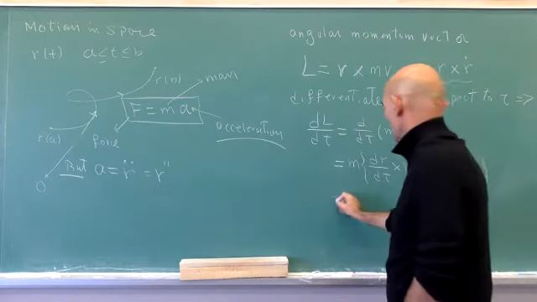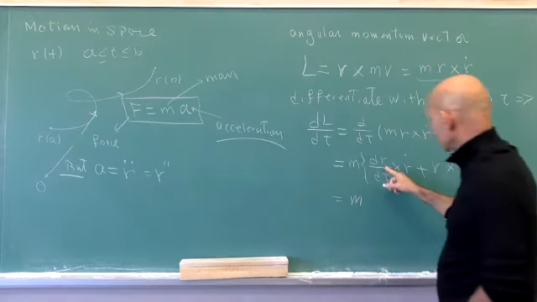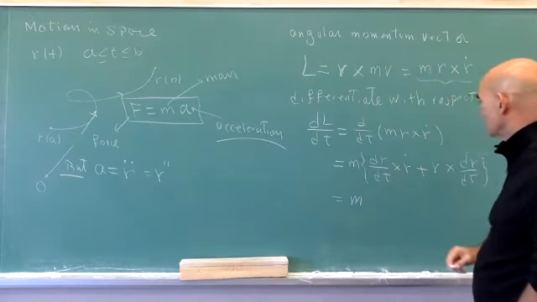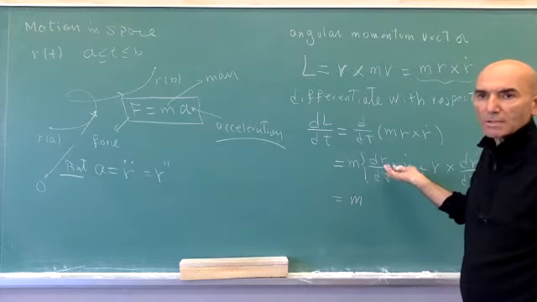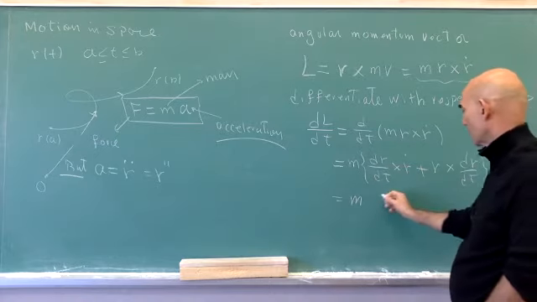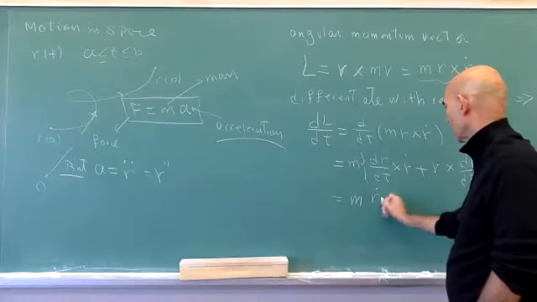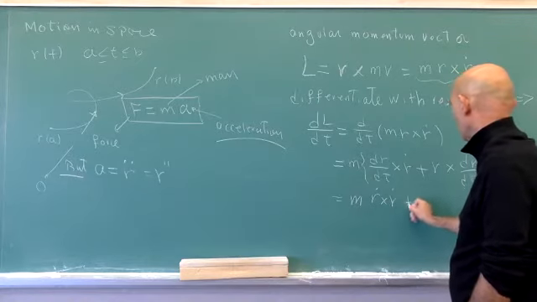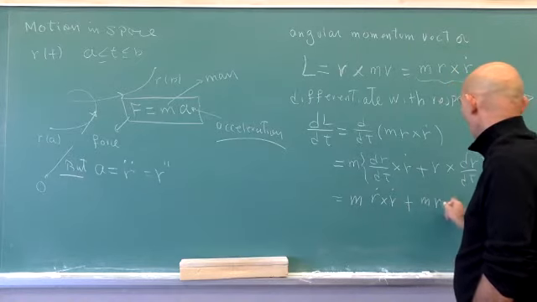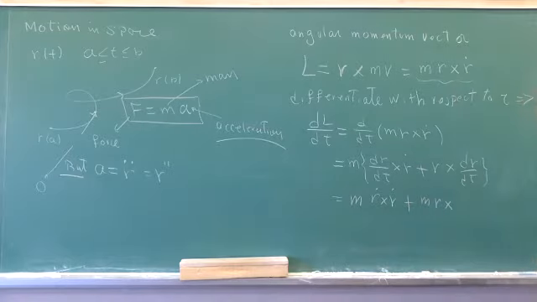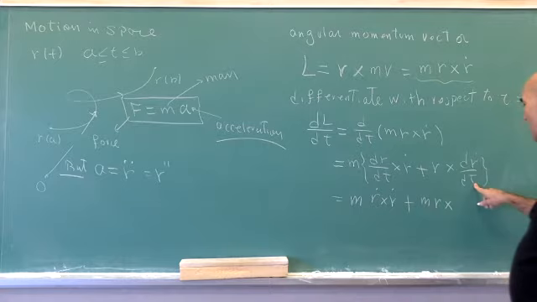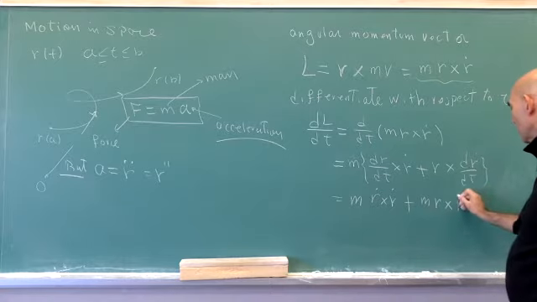So that's equal to m. Well, what is dr/dt? dr/dt is just r dot, that's just the definition of r dot. So that's r dot cross r dot plus m r cross d r dot/dt, which is r double dot.